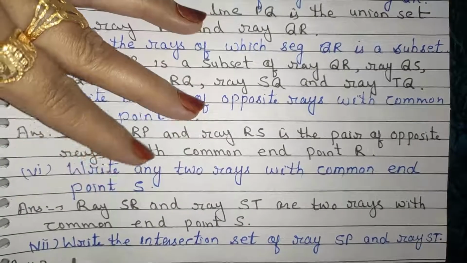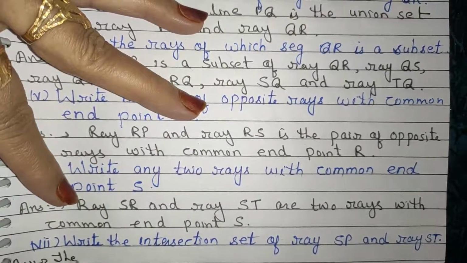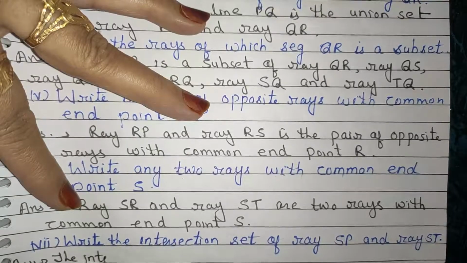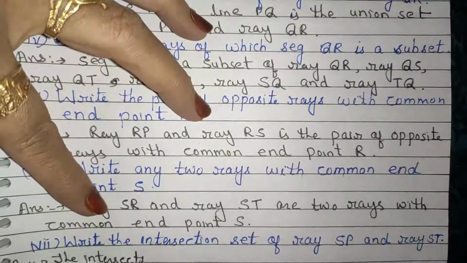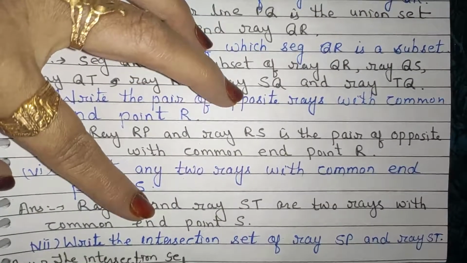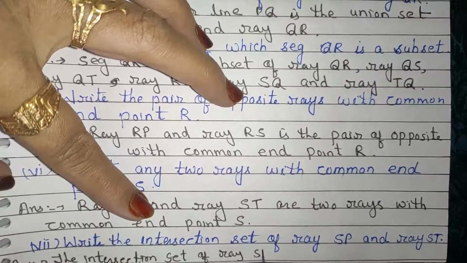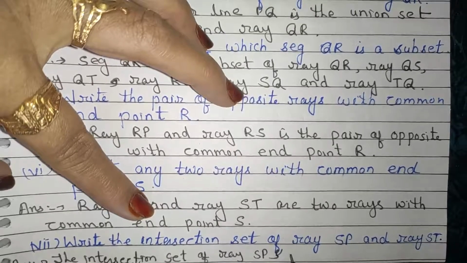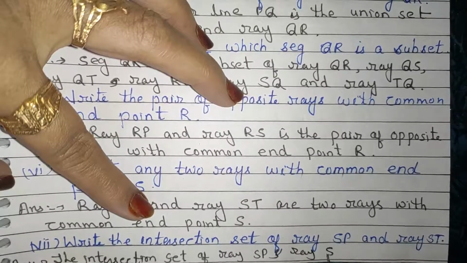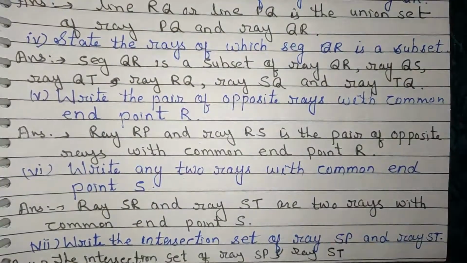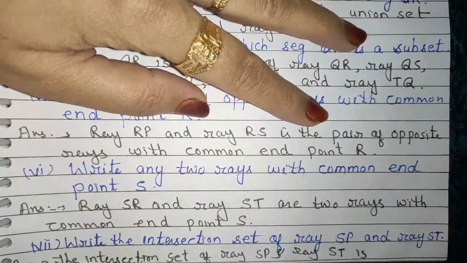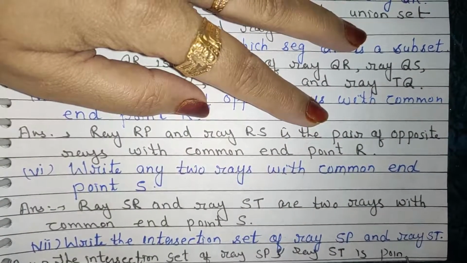Answer: the intersection set of ray SP and ray ST is point S.